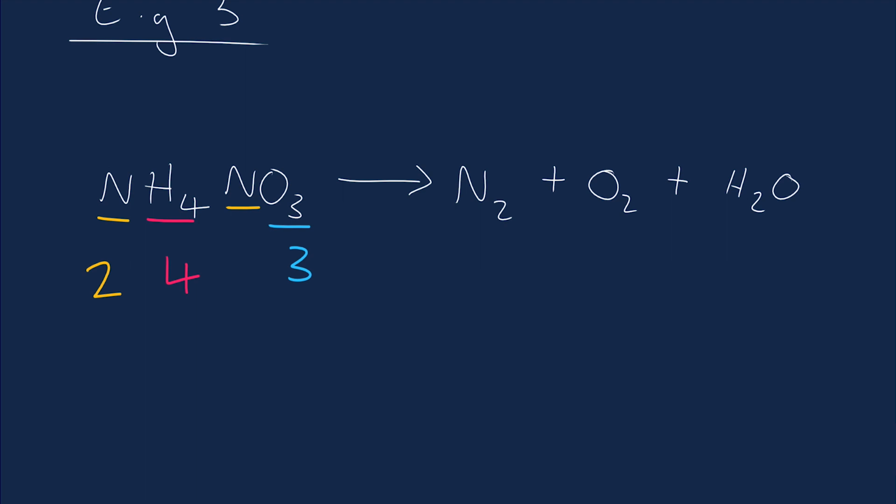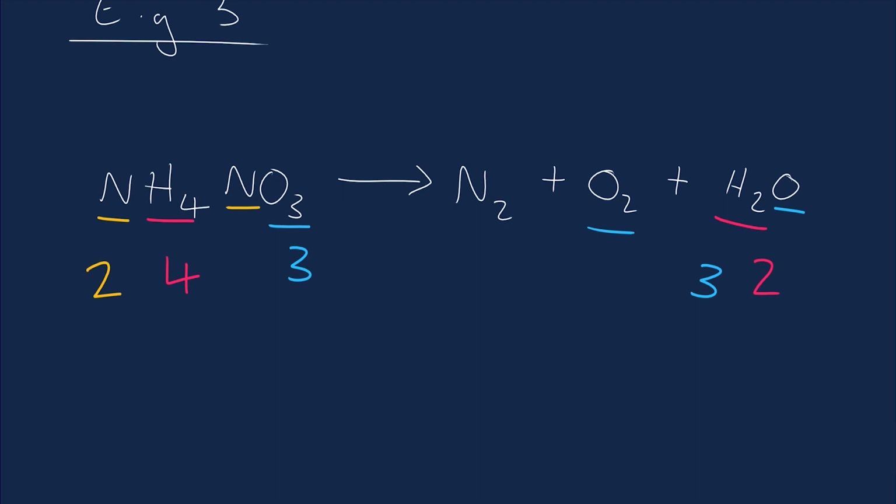What about on the other side? On the other side, we have oxygen in O2 and in H2O. So we have 3 oxygens here. That means the oxygen is actually already balanced. Okay, what about hydrogen? We have H2O, so we have 2 hydrogens.